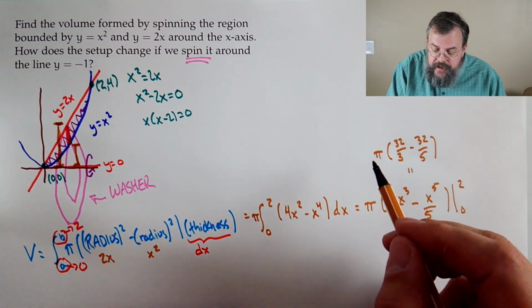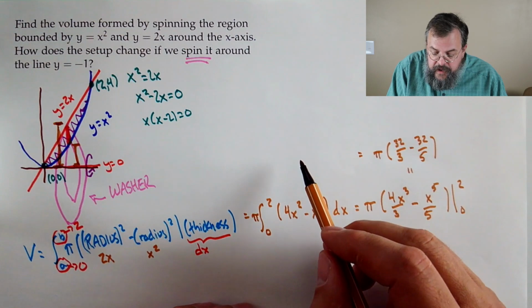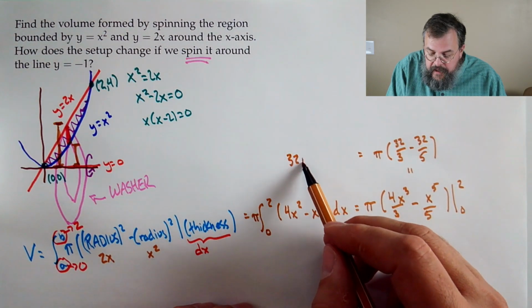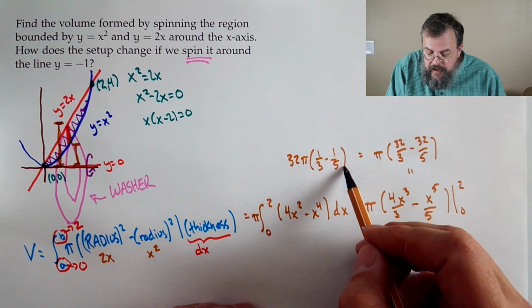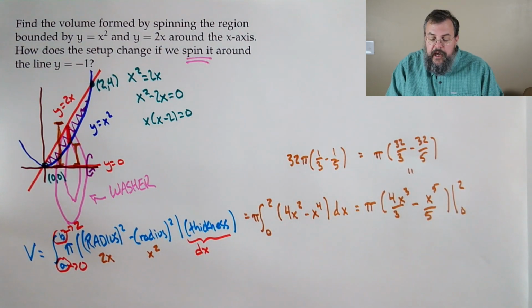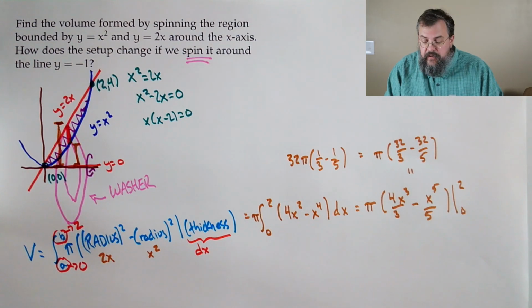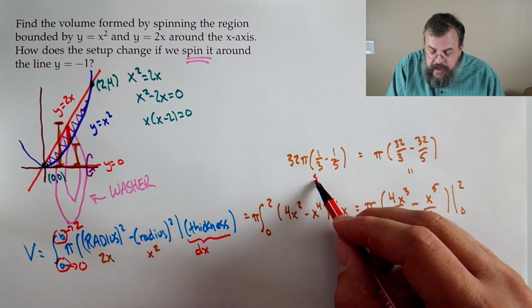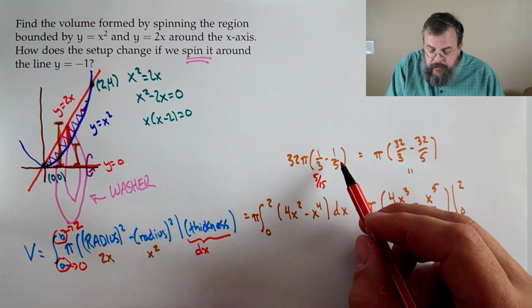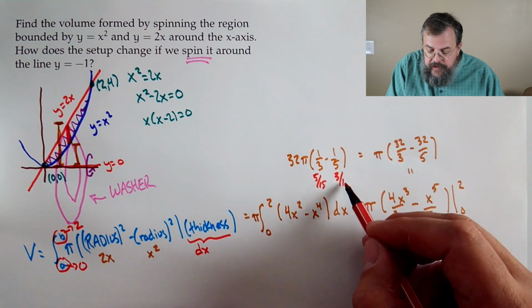Well, 32 is common, so we can pull that out for a second. So we have 32 pi, and we have 1/3 minus 1/5. If you were to put those together, the common denominator would be 15. So I can replace this 1/3 as 5/15, and this 1/5 as 3/15.